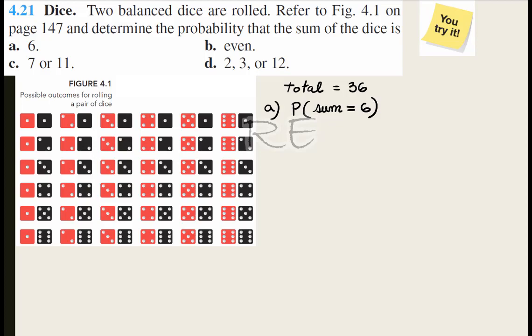Well, the different combinations for 6 are 1 and 5 for the first column, 5 and 1 will also be a combination. 2 and 4, 4 and 2 will also be a combination, and then 3 and 3. So this is the diagonal with 1, 2, 3, 4, 5. The probability that the sum is equal to 6 is 5 over 36.